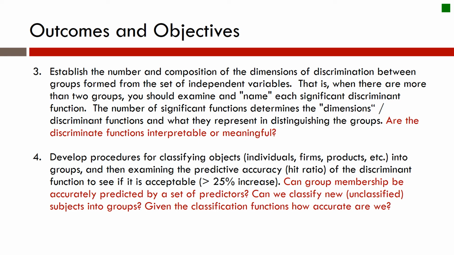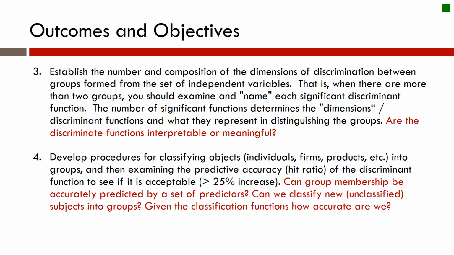So in other words, this is a forecasting method. So once we establish the determinant functions, then we can apply those to future cases and be able to maybe predict, or definitely predict, group membership. Okay, so this is absolutely a prediction type of a thing that we want to be able to use moving forward.